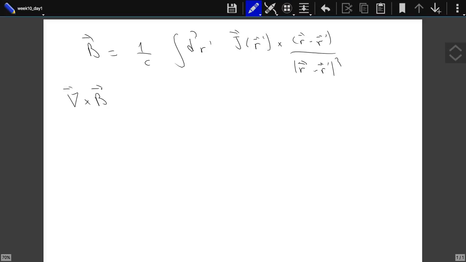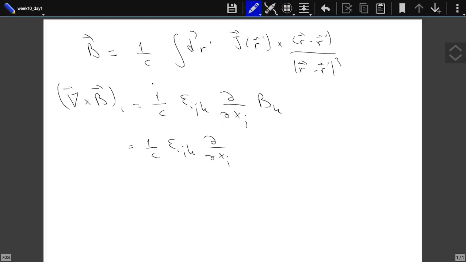And the idea was to calculate the curl of B. Let's say the i component of curl of B, which is 1 over c epsilon i j k del over del x j B k.